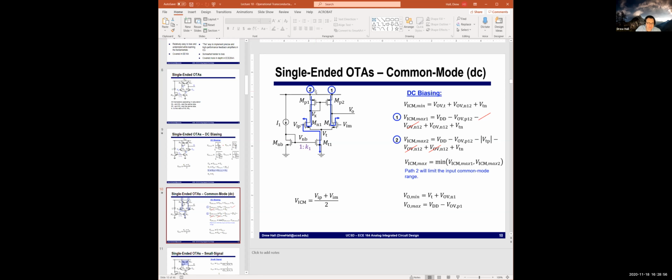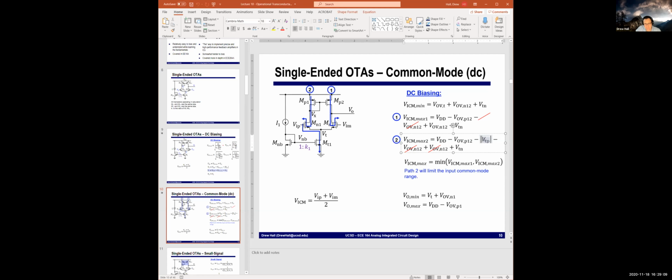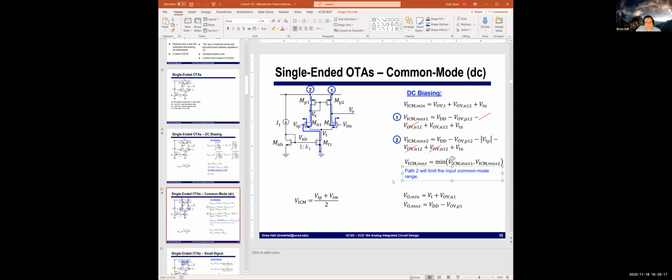So I've added the other side, 1 and 2, and it's going to be limited by the minimum of these two. It turns out that it is actually the second branch that limits it, and so it adds a VTP term into this expression. So there is a small update here if you want to re-download the slides for that.